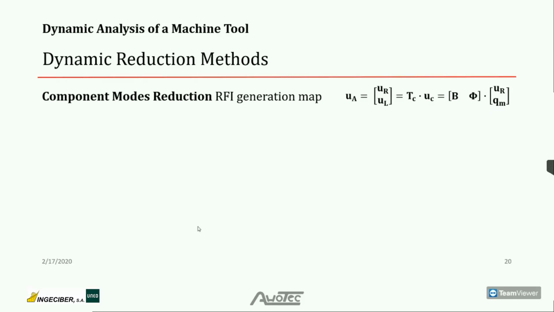In the mathematical sense, which is the formula written here on the right hand side, it means that we have a transformation matrix, which is here called TC, and the remaining degrees of freedom in a vector called UC. And the transformation matrix consists of two different parts.